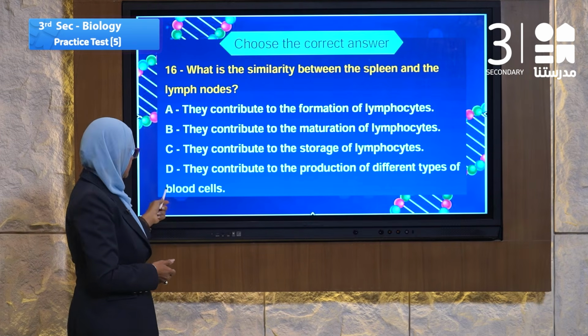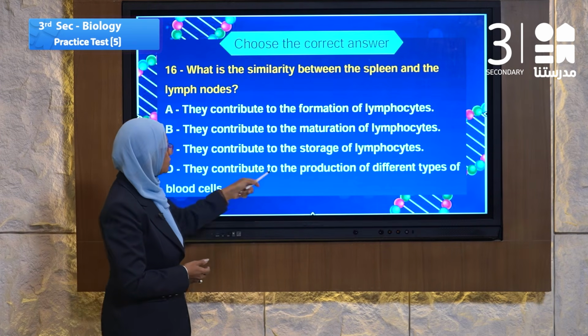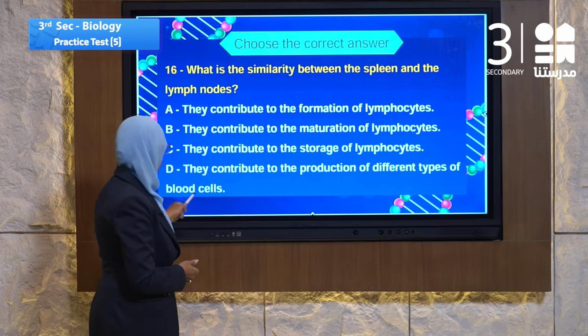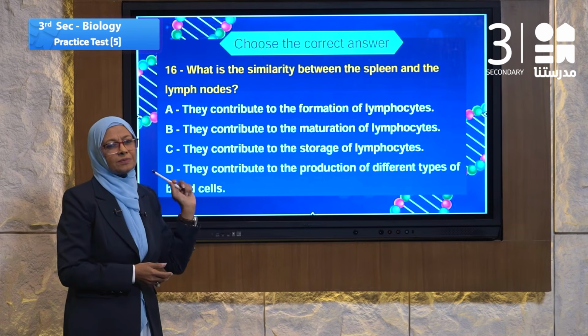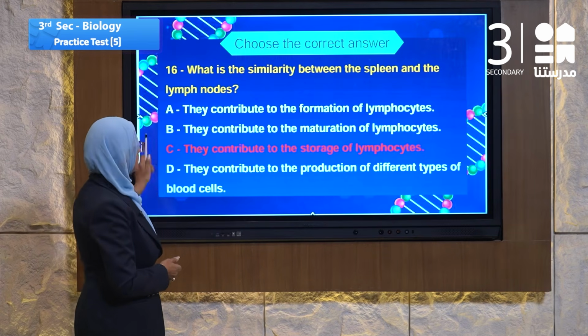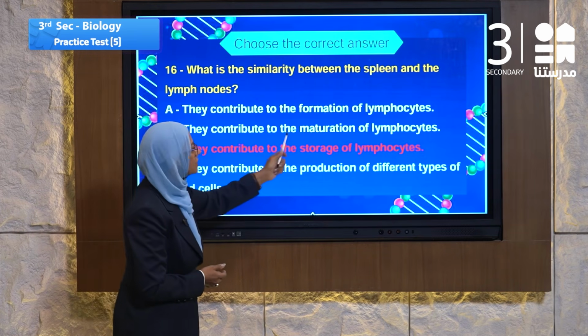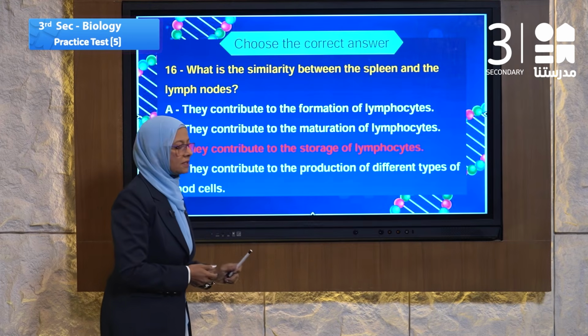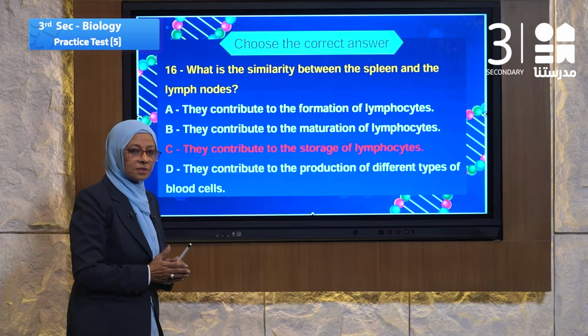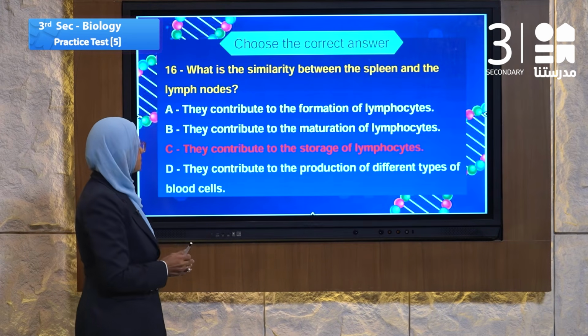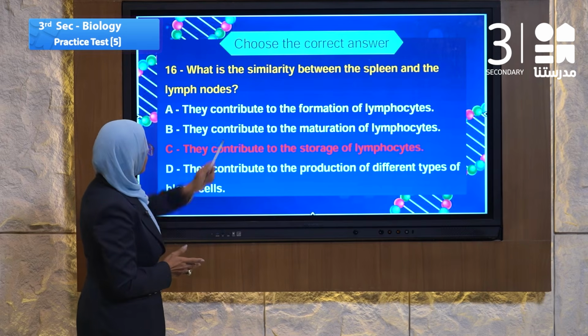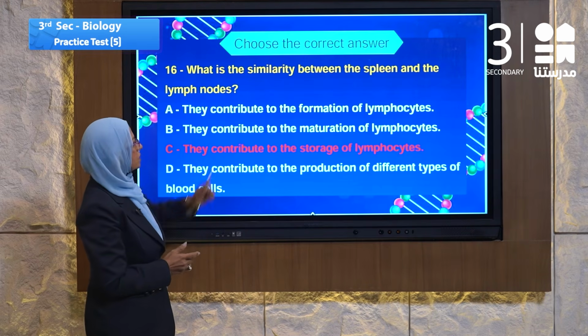D, they contribute to the production of different types of blood cells. No, the answer must be C. They both store lymphocytes, the spleen and the lymph nodes.